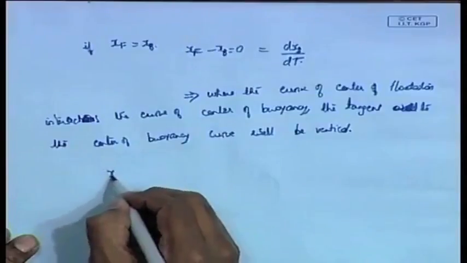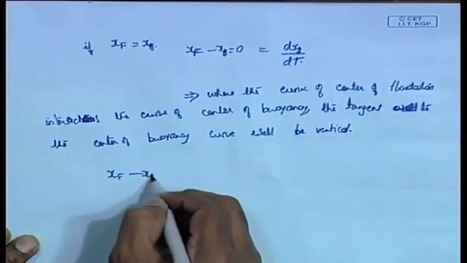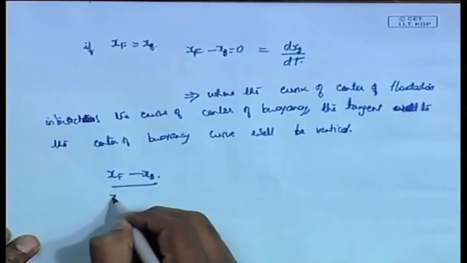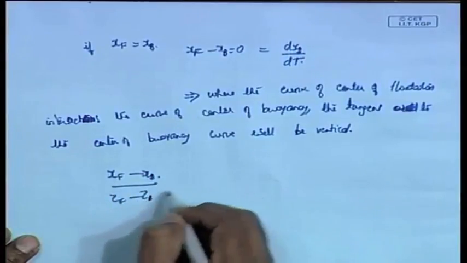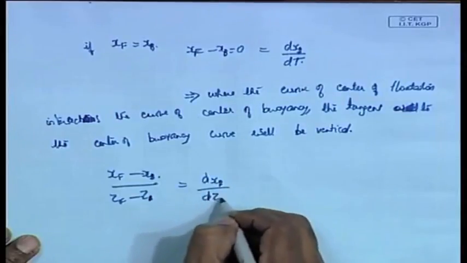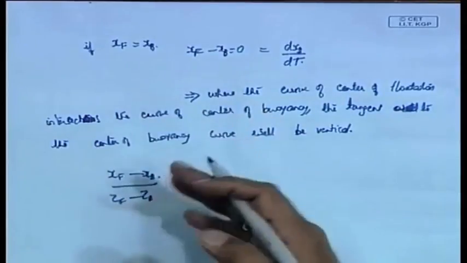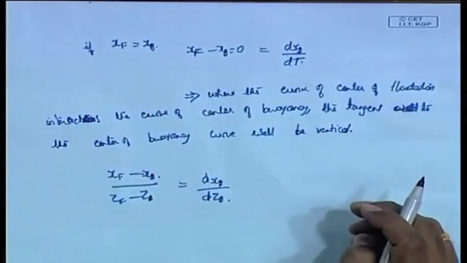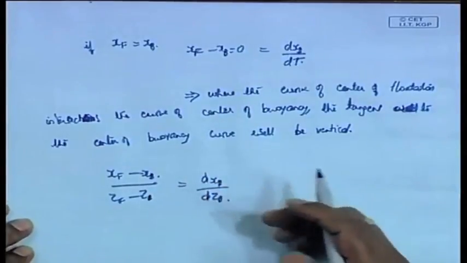Then if we do a little more mathematics, x f minus x b divided by z f minus z b is equal to d x b by d z b. I just divided one from the other.